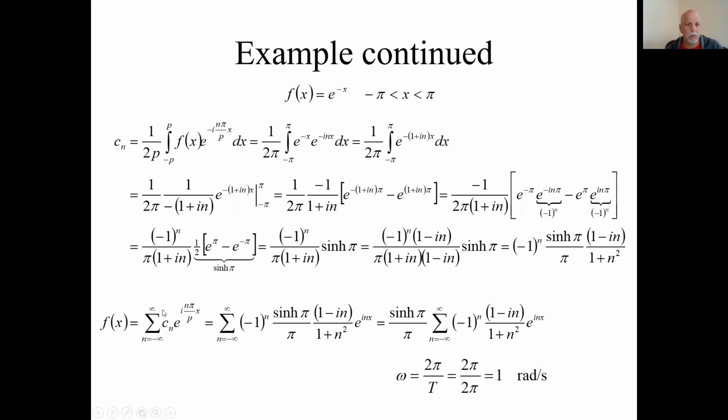Then the Fourier series was this with all those c sub n's, which in our case became this. By the way, in general, for the exponential Fourier series, these coefficients are complex numbers. In this case, yes, indeed, it was a complex number.